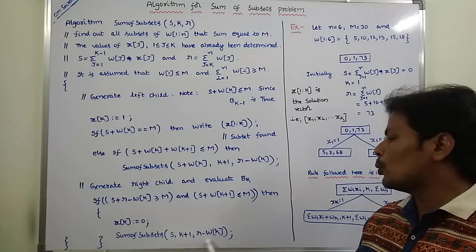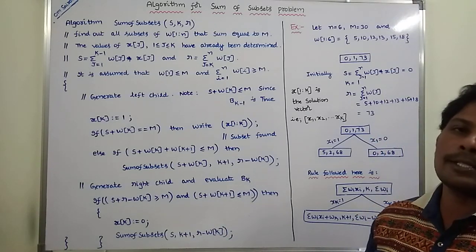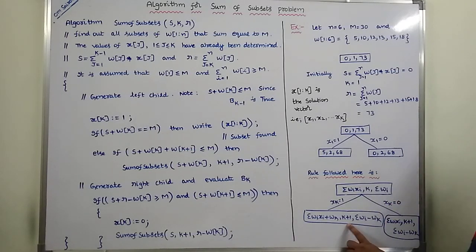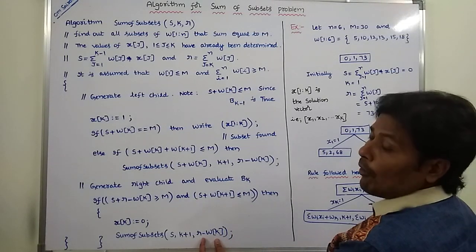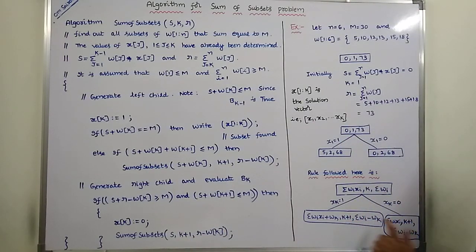So these two terms are not changed. Here k plus 1 comma R minus W k. This term is not changed and this term is also not changed. This is the left child and this is the right child.